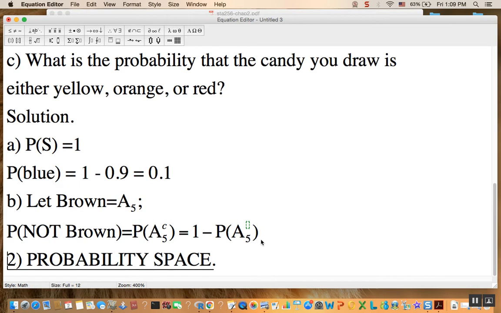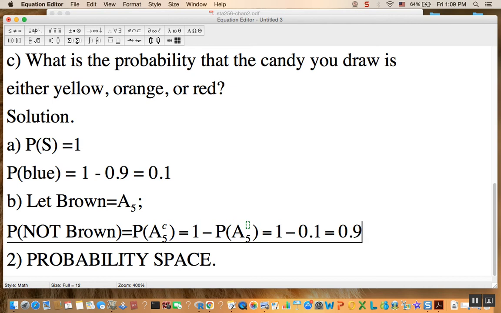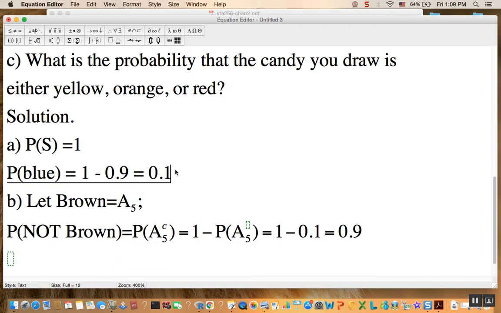That the probability of A complement for any event A is 1 minus the probability of A. Right? Okay. So in this case, that happens to be 0.9, we said. Right? So 1 minus 0.1 equals 0.9. Excellent. So that's the answer for our second question.